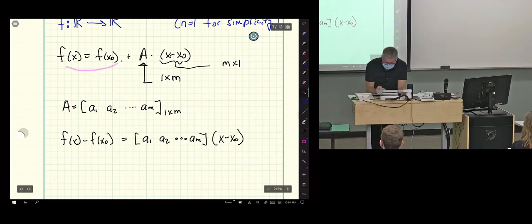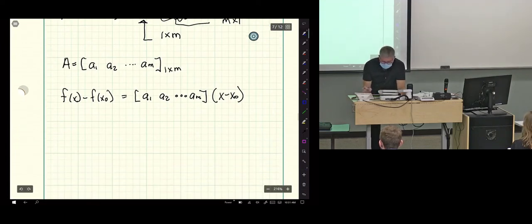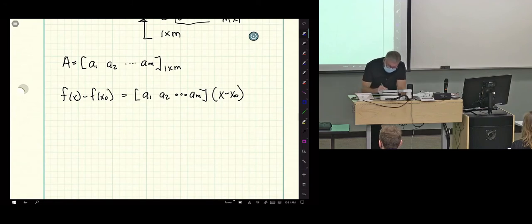I mean, big deal. We took f of x0 over to the other side and we substituted in for a. Have we really helped ourselves out at all? Well, yeah, I'm going to make a clever choice for x.